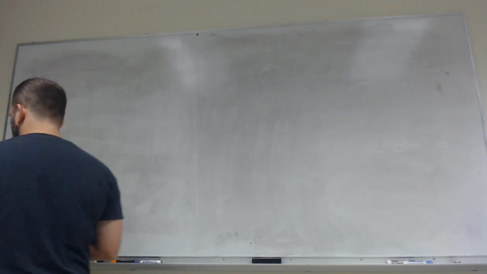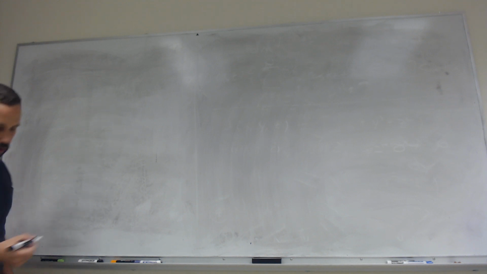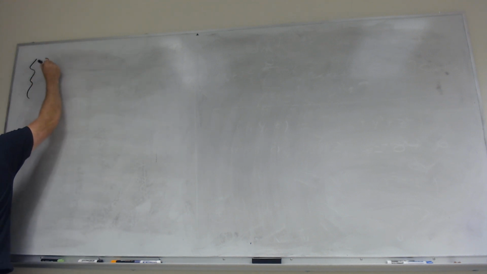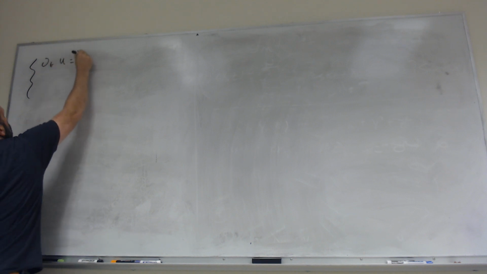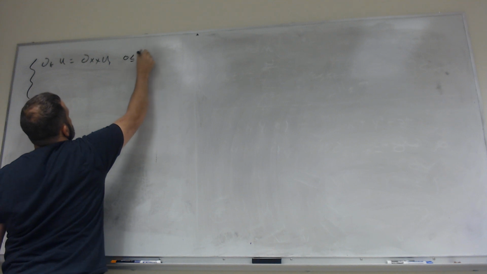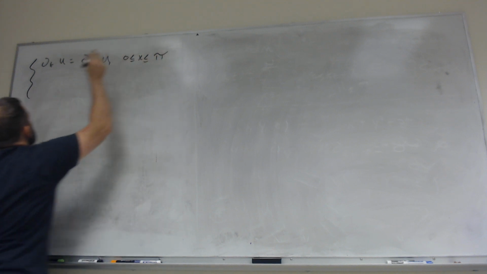Okay, so now I want to, I forget which question this is, but I think it's question 4. I want to solve the equation that the t derivative of u is equal to the double x derivative of u, for 0 less than or equal to x less than or equal to pi.